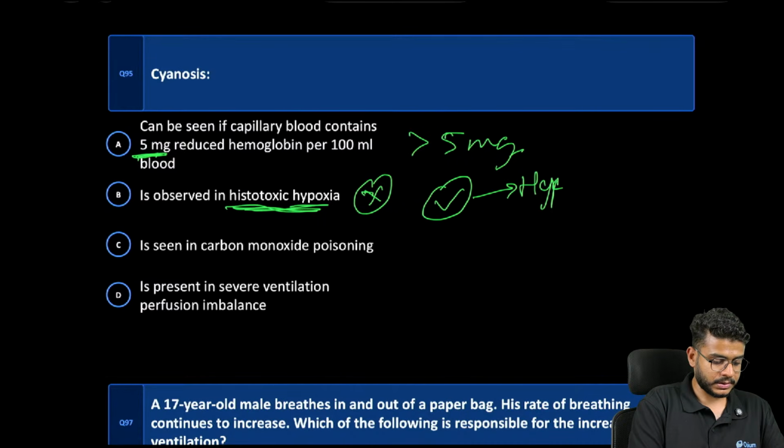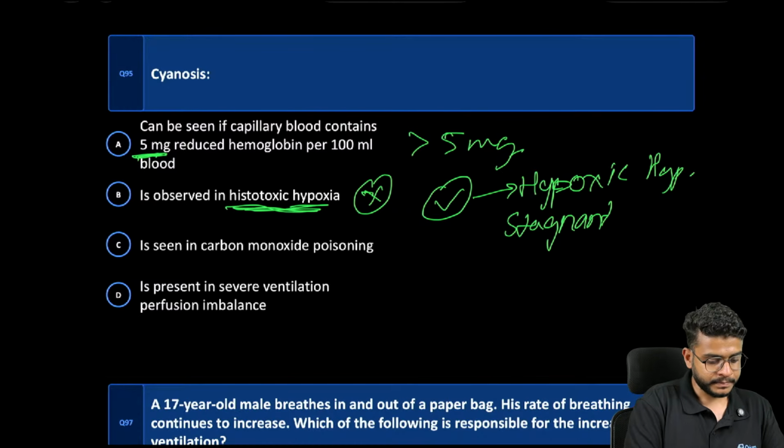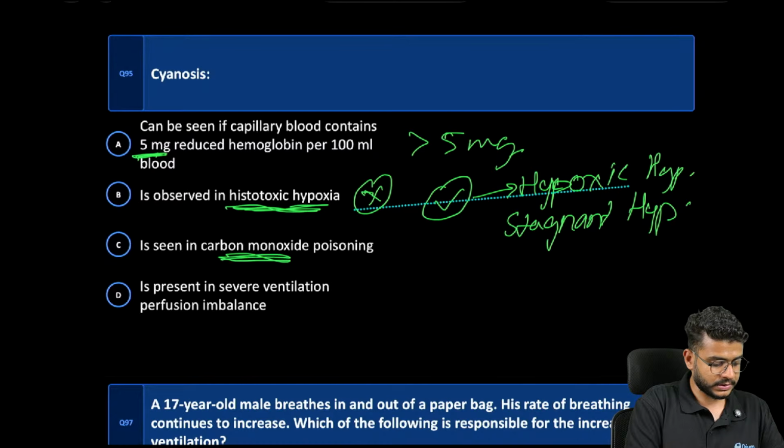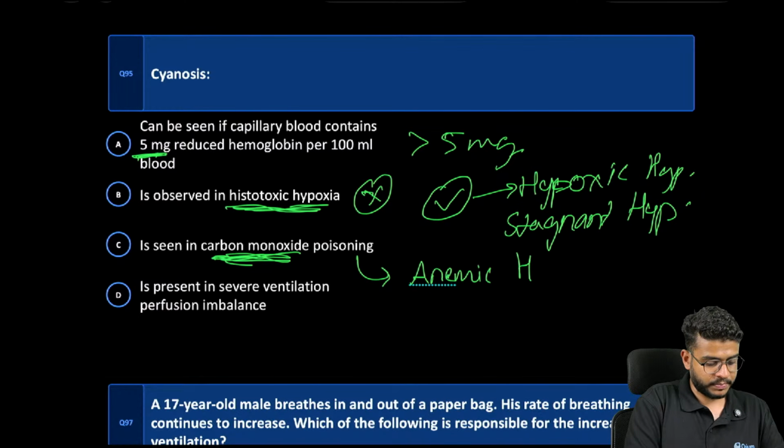Hypoxic hypoxia and stagnant hypoxia. Is seen in carbon monoxide poisoning? No. In carbon monoxide poisoning it is anemic hypoxia, which has no cyanosis.